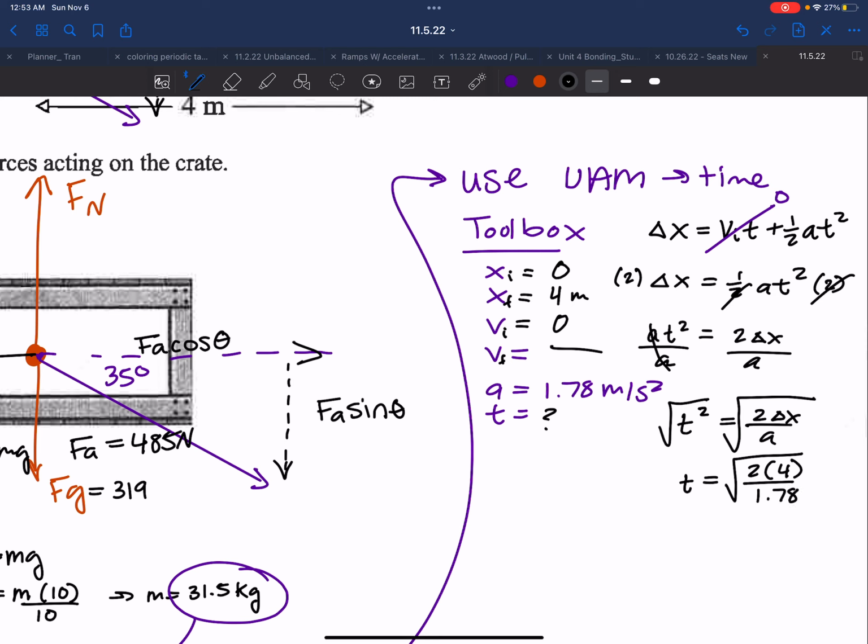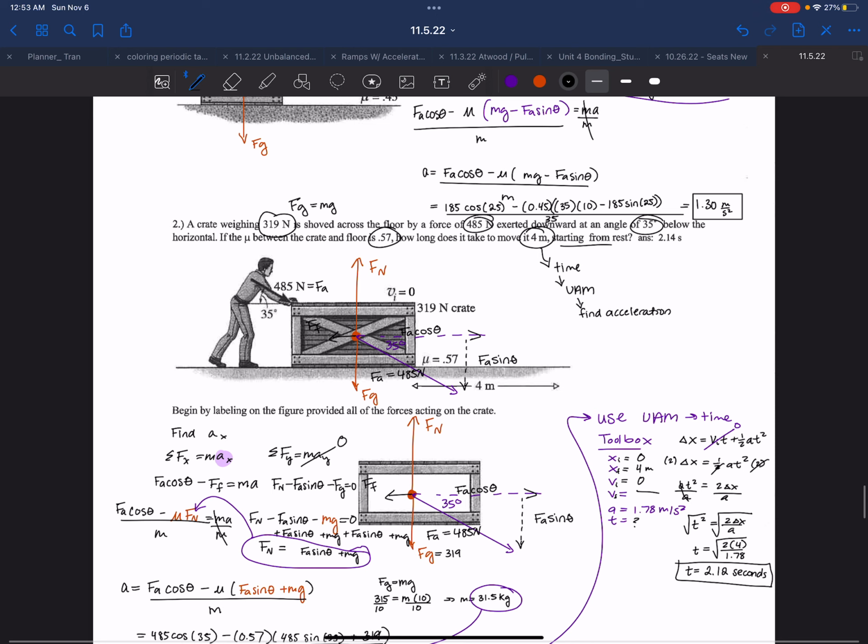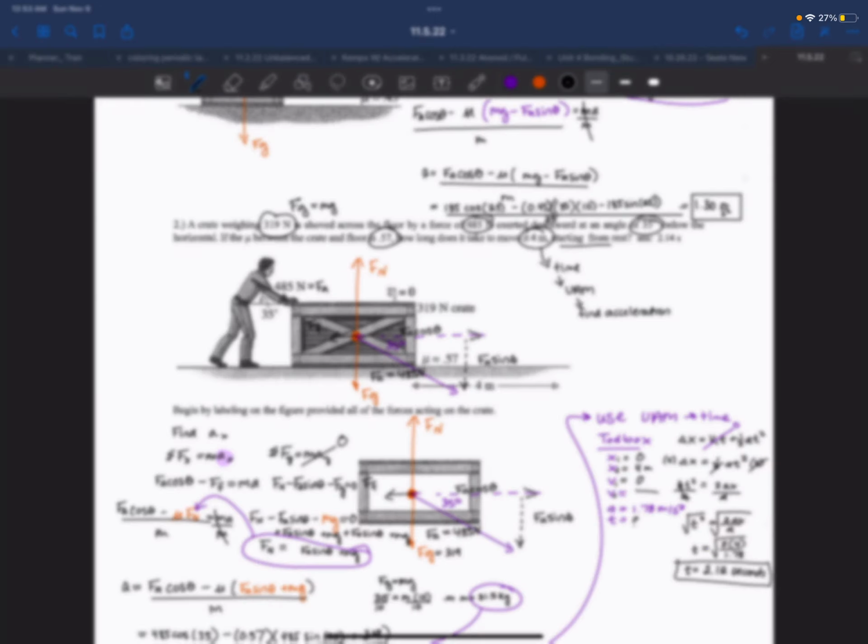Whenever I put it into the calculator, my value should end up being time equal to 2.12 seconds. So it's going to take that much time for the box to move 4 meters with the applied force. All right, on to the next video.